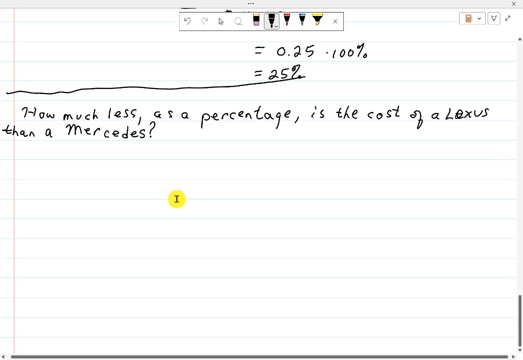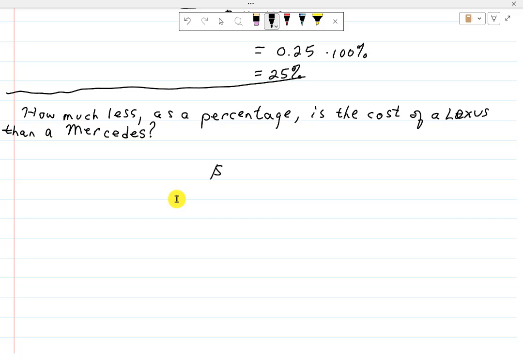So this time, how much less as a percentage is the cost of the Lexus than a Mercedes? So I'm comparing it with the Mercedes this time. So when I do my relative change, I'm going to put the Lexus first and the Mercedes second.